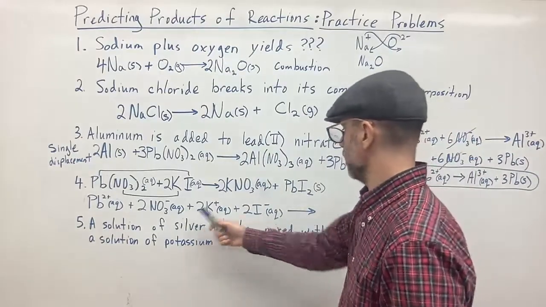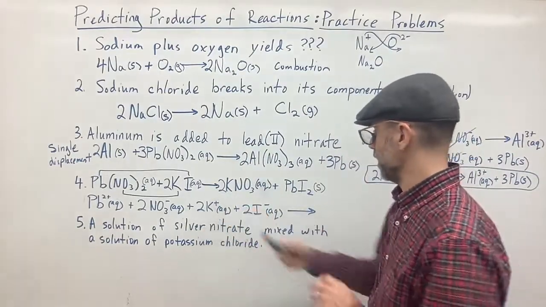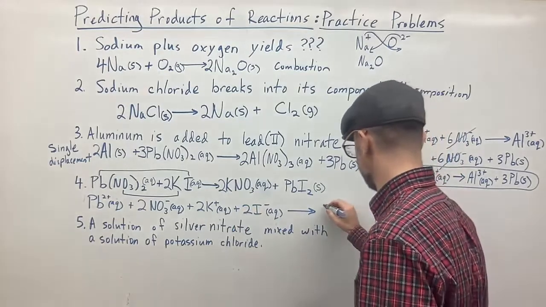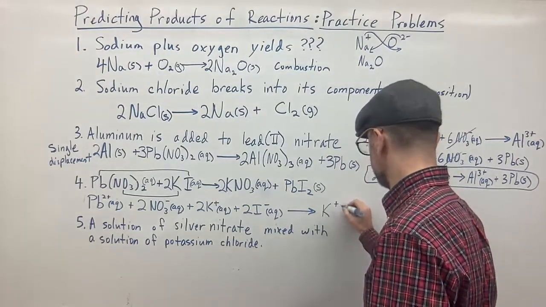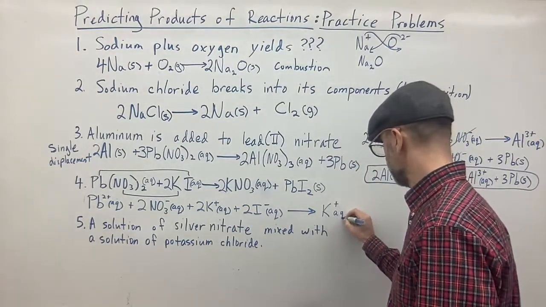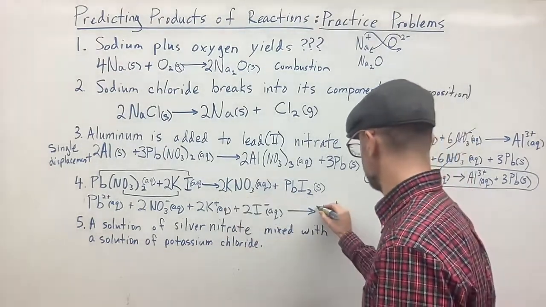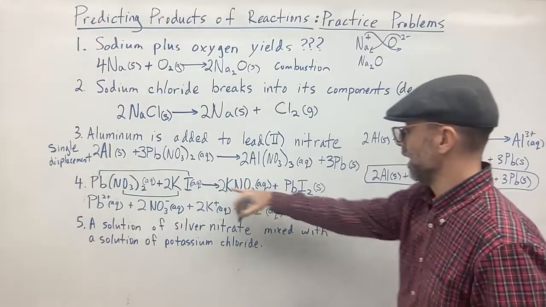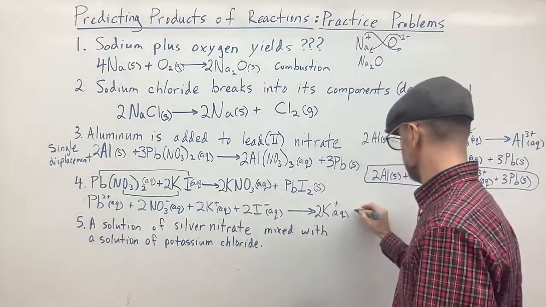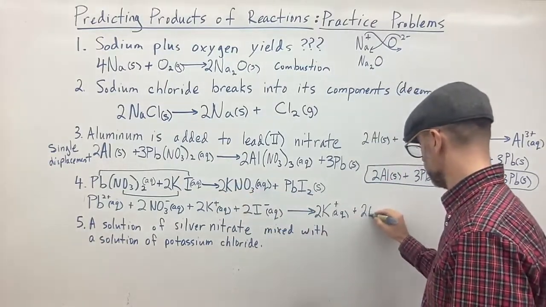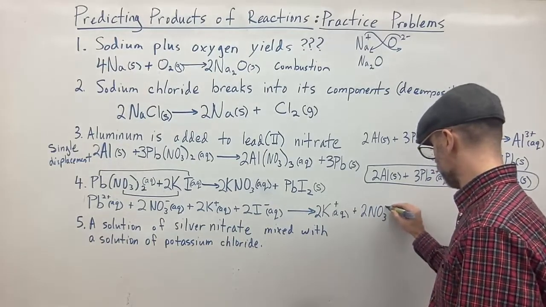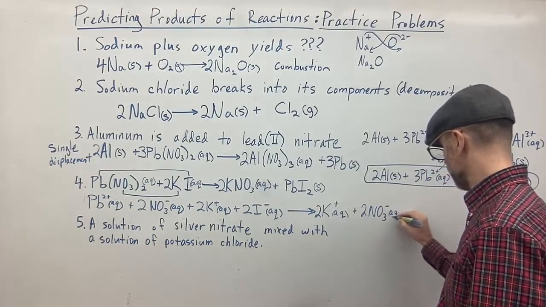So then the KNO3 here will be separate. I'll have K plus aqueous, and I have 2 there, so I'm going to have a 2 coefficient in front. And I have 2 NO3s, so that will also be aqueous: NO3 minus aqueous.